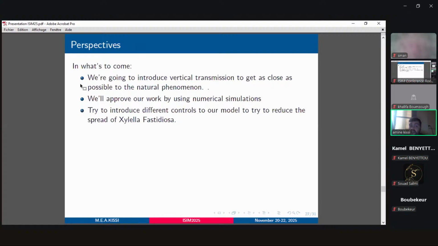Our perspectives are to introduce vertical transmission, which means we will have a system of four compartments: susceptible and infected olive trees, and susceptible and infected vectors, which means the sharpshooter or the spittlebug. We will support our work by numerical simulation and a study of this model. And after that, we will try to introduce different controls to our model to try to reduce the spread of this bacterium, Xylella fastidiosa.